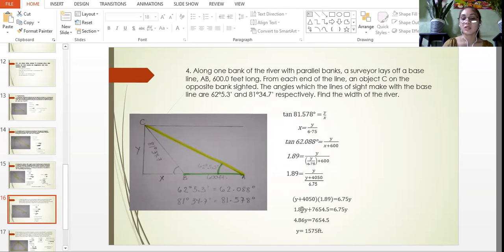So 1.89 y plus 7,654.5 is equals to 6.75 y. Then 4.86 y is equals to 7,654.5. So y, the width of the river, is equals to 1,575 feet wide.